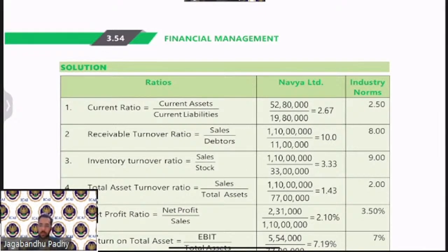Calculation of ratios is the easiest. For the second set of questions, like preparation of balance sheet or P&L, you get some confidence that if your numbers are rounded off and the balance sheet is tallying, it's a correct answer. So that's the holistic ratio analysis.